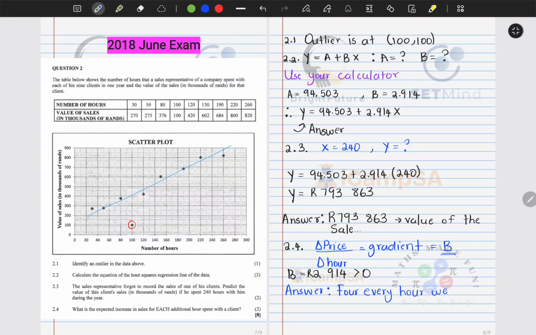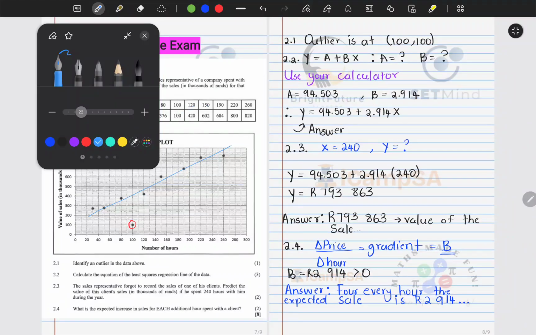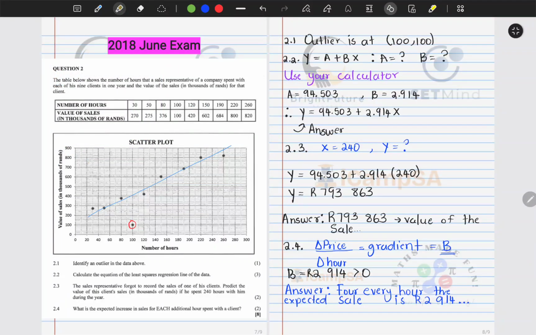For every hour, what is the expected sales? So we can say for every hour the expected sale is what we just found here. So that's about 2,914 rands.